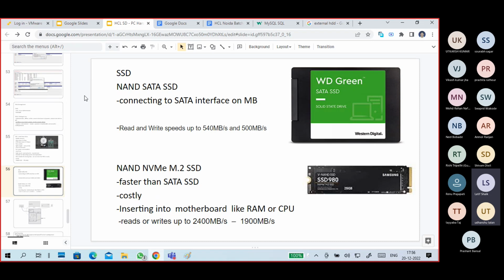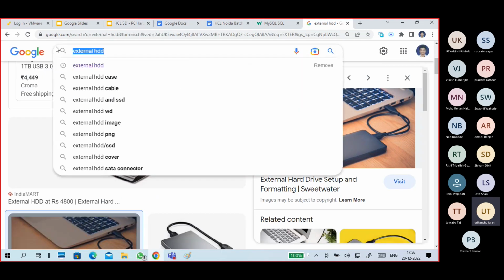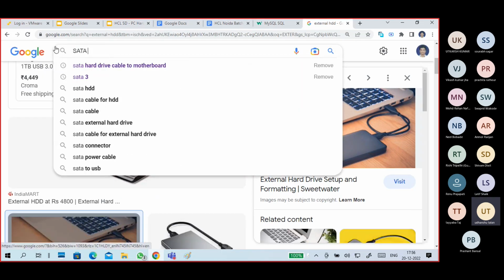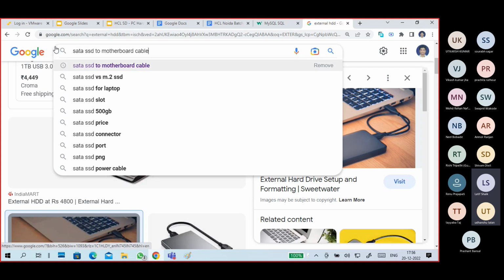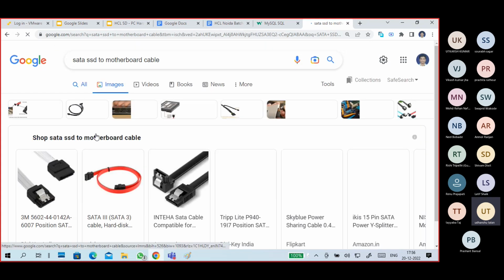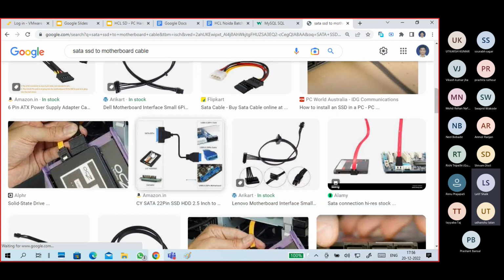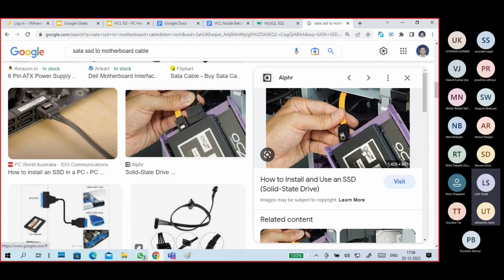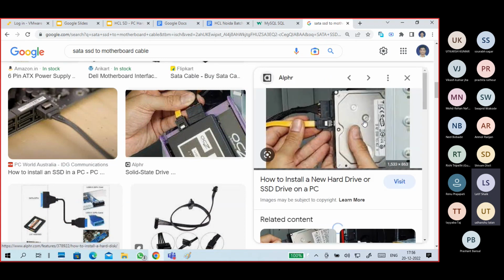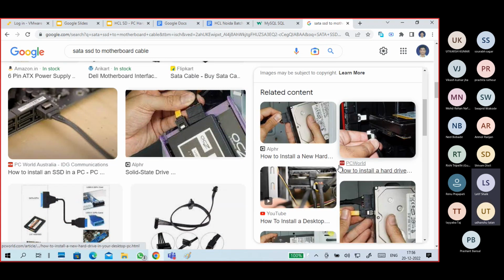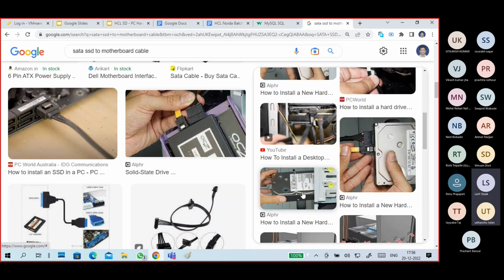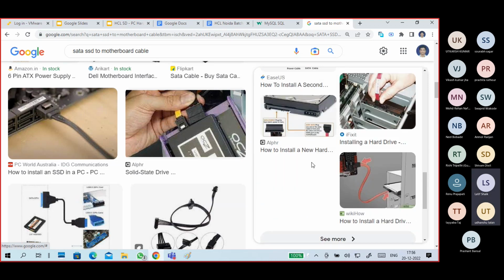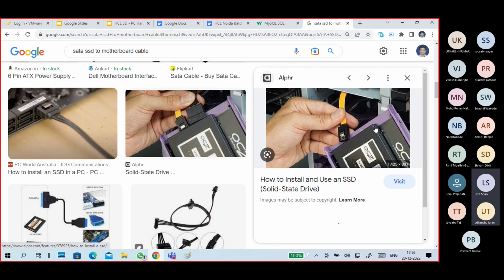How you connect a SATA hard disk, the same way you can connect a SATA SSD to the motherboard, with a SATA interface connection.